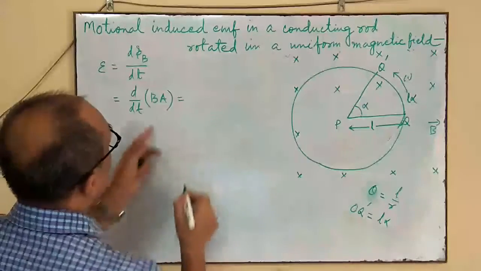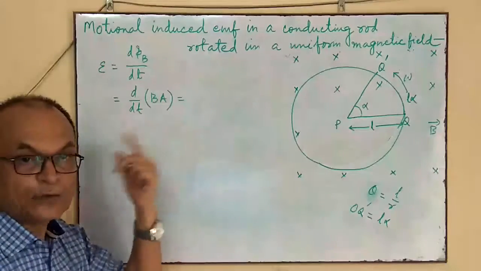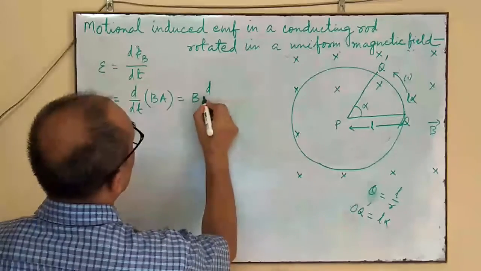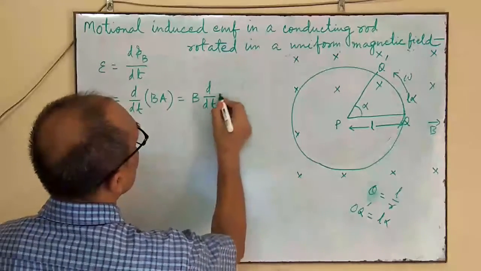Now we can bring B outside, then B d by dt of A.